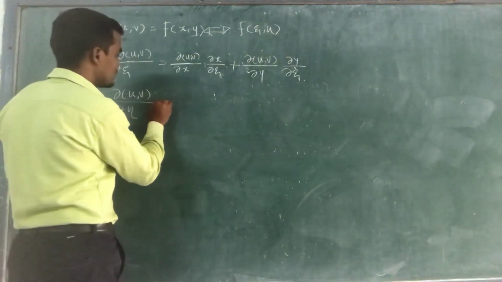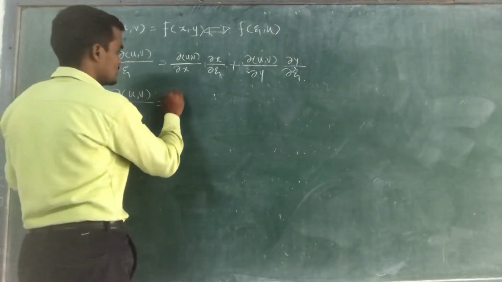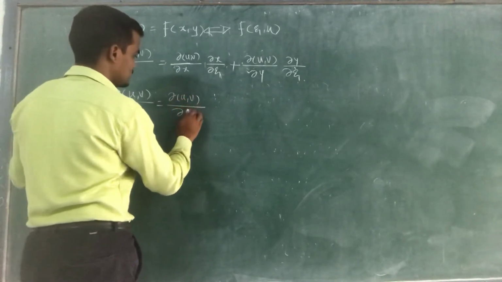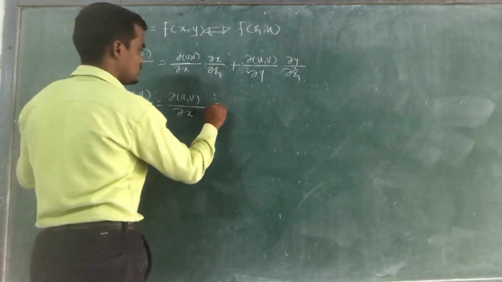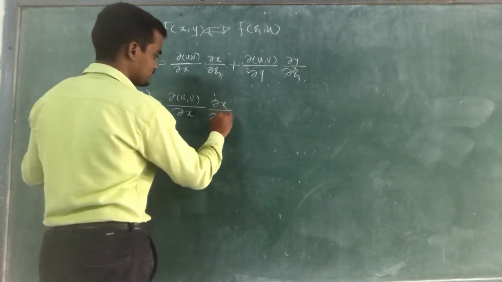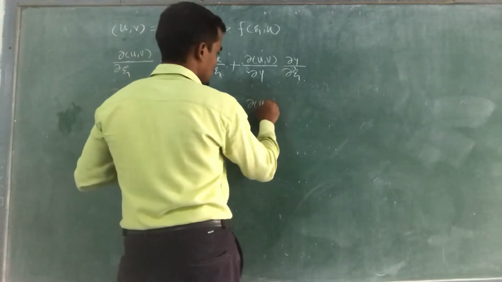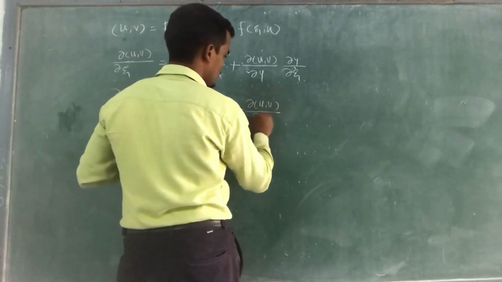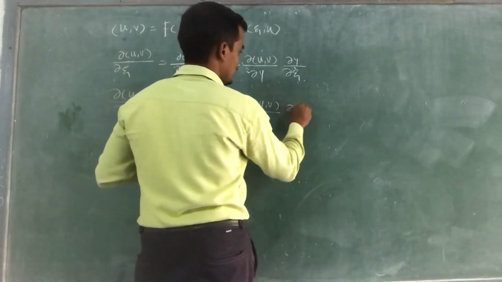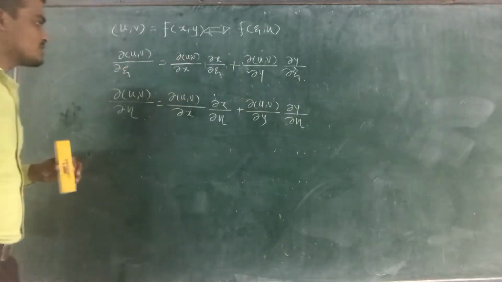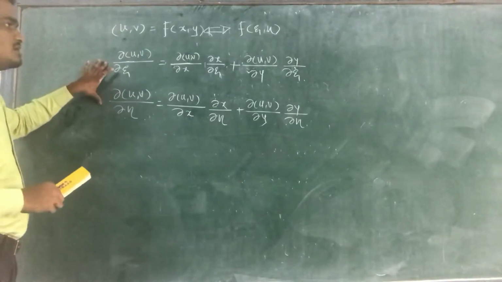So similarly, with respect to eta, dou u comma v by dou x into dou x by dou eta plus dou u comma v by dou y into dou y by dou eta. In this way you can write the partial differentiation of this system.